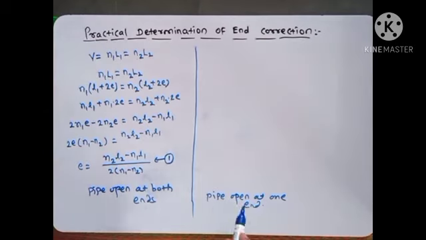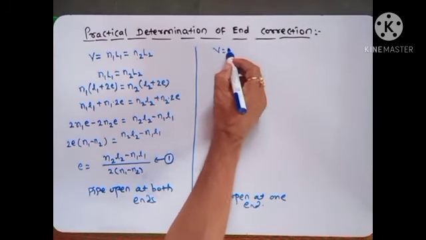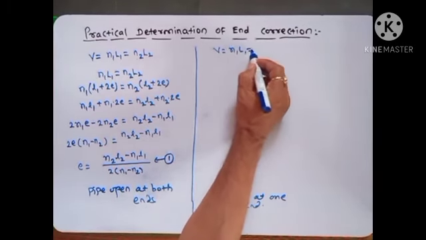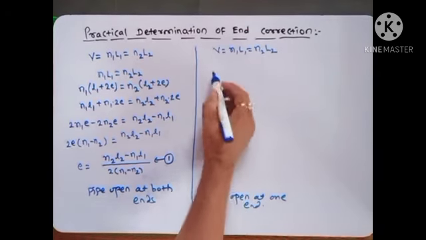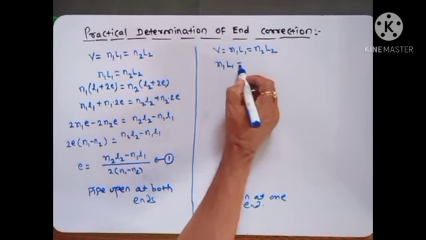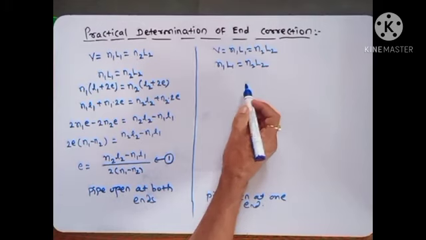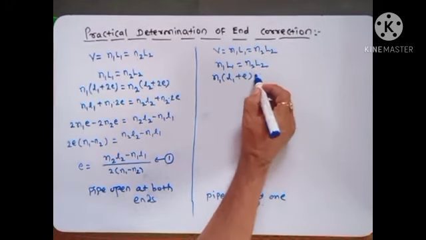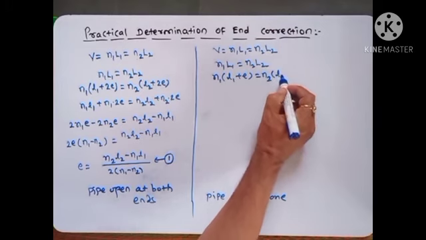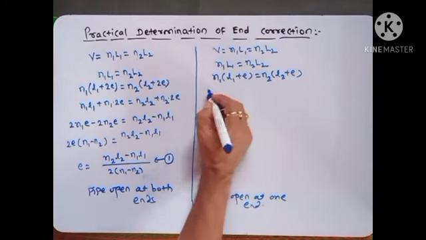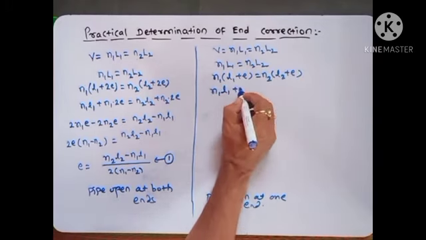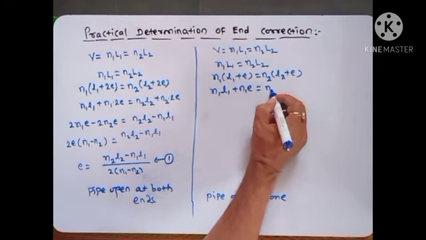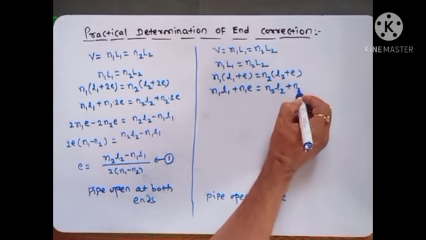Here the same thing: V equal to N1 L1 is equal to N2 L2. N1 as it is, small L1 plus E is equal to N2 as it is, small L2 plus E. N1 L1 plus N1 E is equal to N2 L2 plus N2 E.